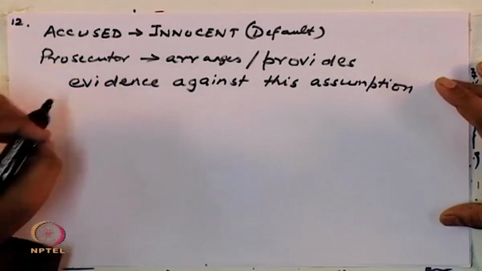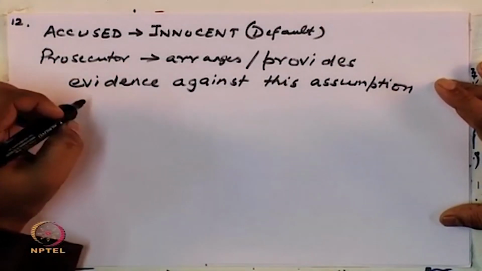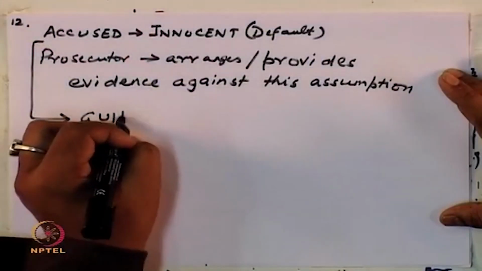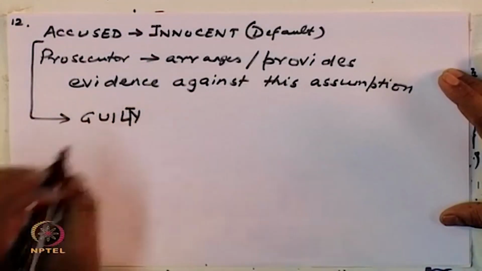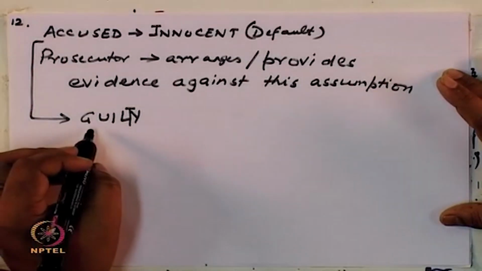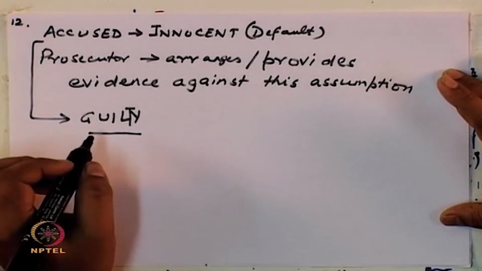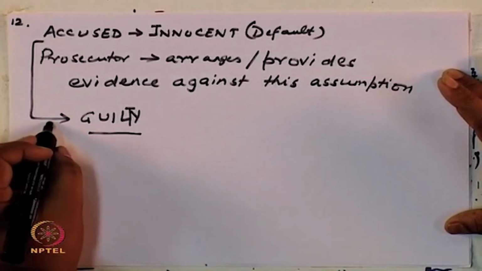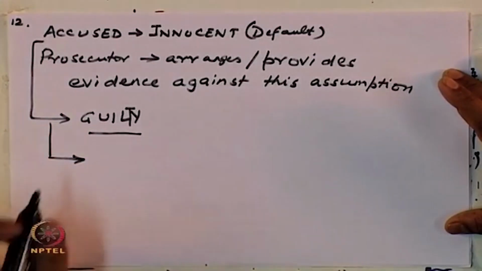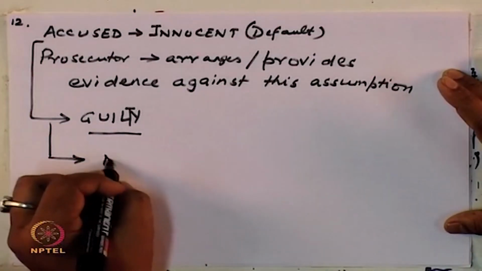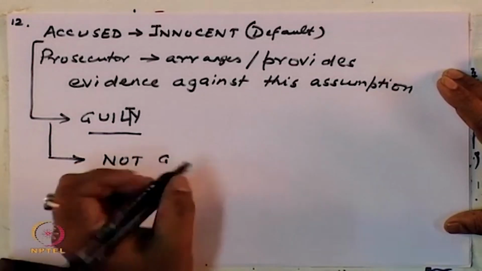If the evidence is significant, then the accused is pronounced guilty. But if the evidence is not substantial, then the person is declared not guilty.